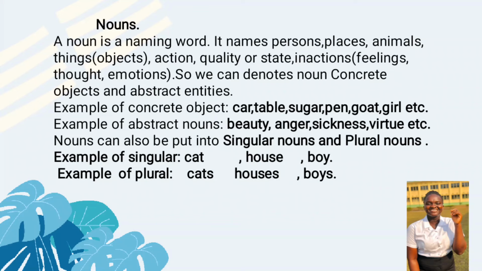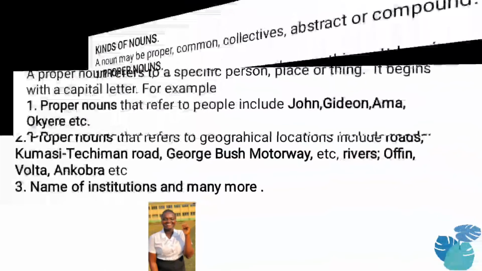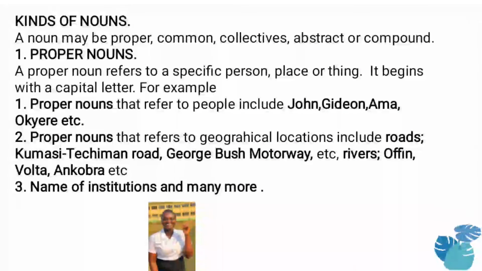Nouns can also be put into singular nouns and plural nouns. Examples under singular nouns: cat, house, boy. Making these plural, you add s to them, which makes them cats, houses, boys.